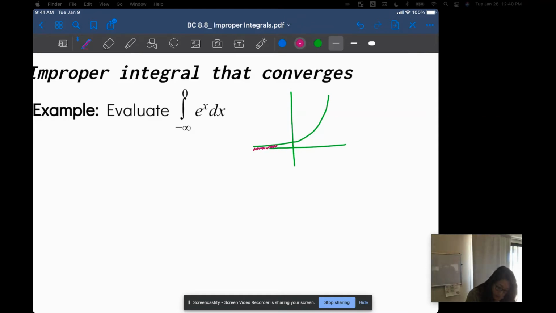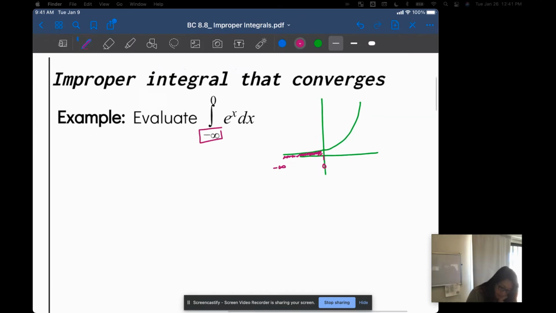We want to know the area under the curve from negative infinity to 0. Is that a finite amount of area, or is it just going to continually grow? I have a problem because I have negative infinity as one of my bounds.